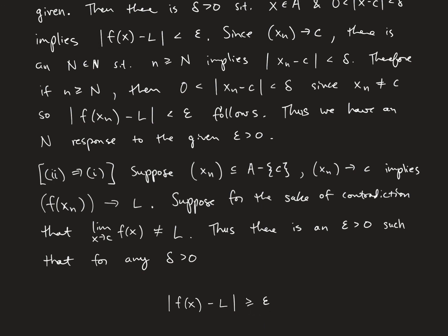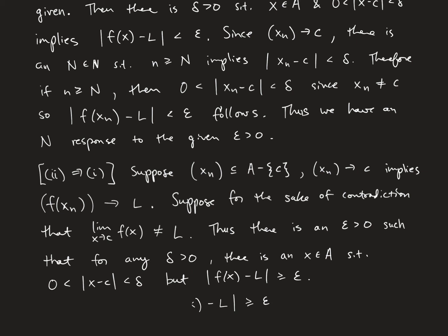So such that for any delta greater than 0, there is an x in A such that, I always forget the 0, 0 less than the absolute value of x minus c less than delta, but f of x minus L is not less than epsilon. Okay, so that's the setup.